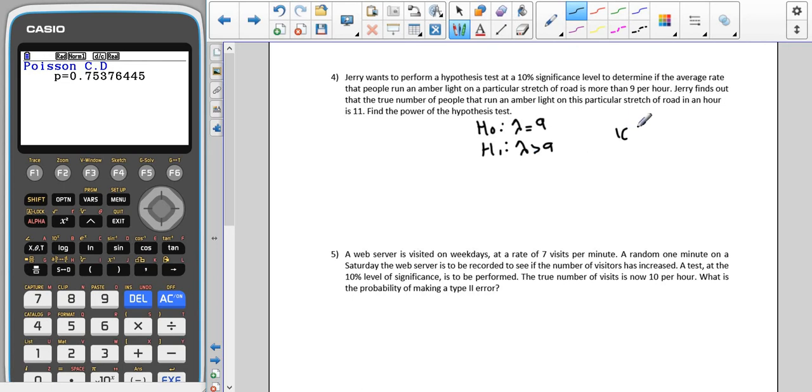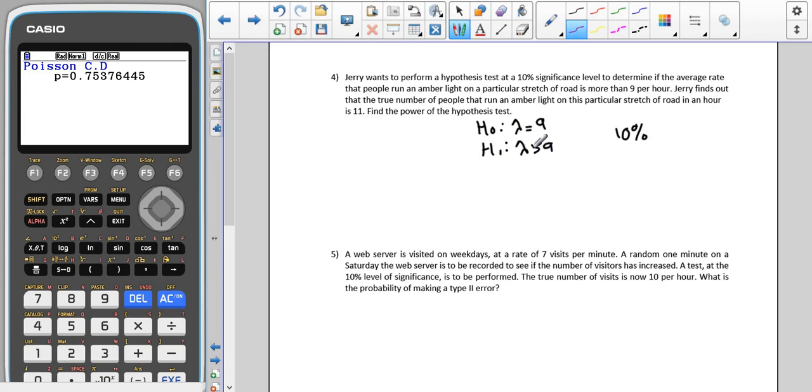And we're running this at a 10% significance level. So to begin with, because we're not actually given the accept or the reject region, we are going to have to find it. Now this is a one-tailed test, and we are looking for the value at which we first would reject H0, so we know that the rest of them are accept H0.